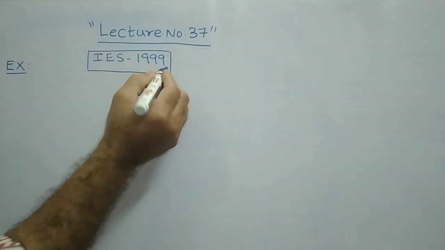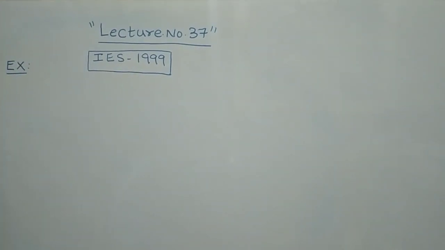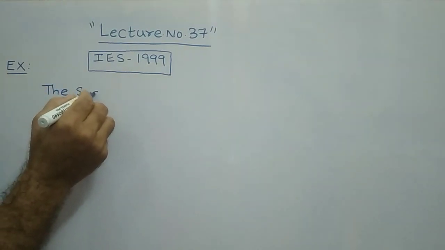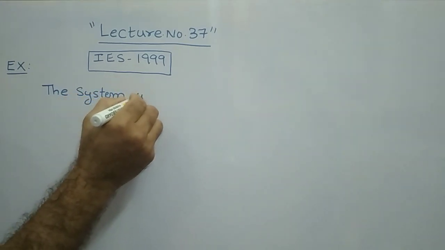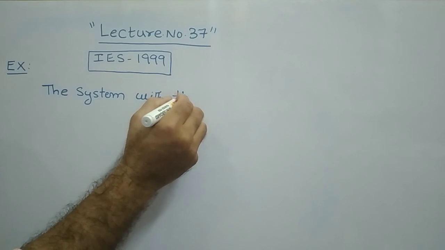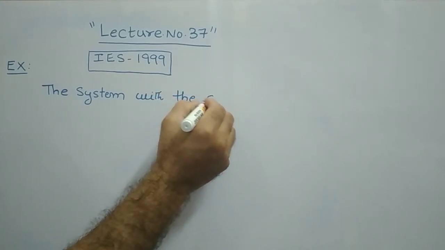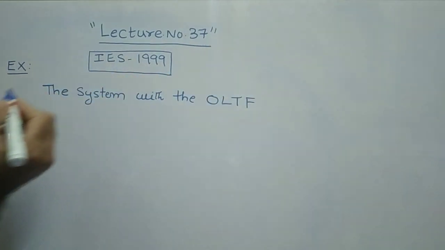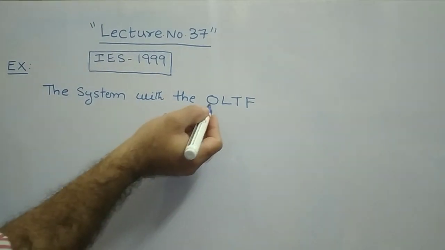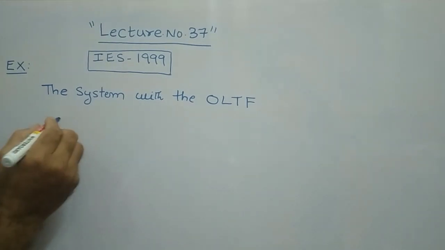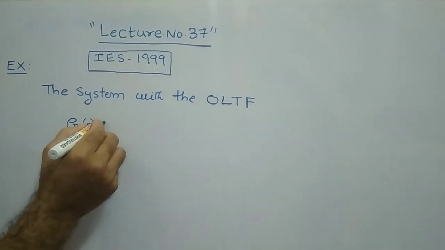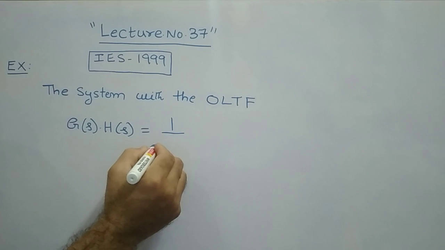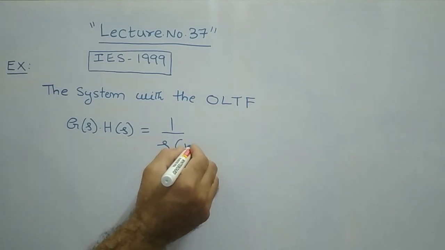The question is: the system with the open loop transfer function, in short OLTF, instead of writing the complete sentence, is given as G of S into H of S is equal to 1 by S into 1 plus S.